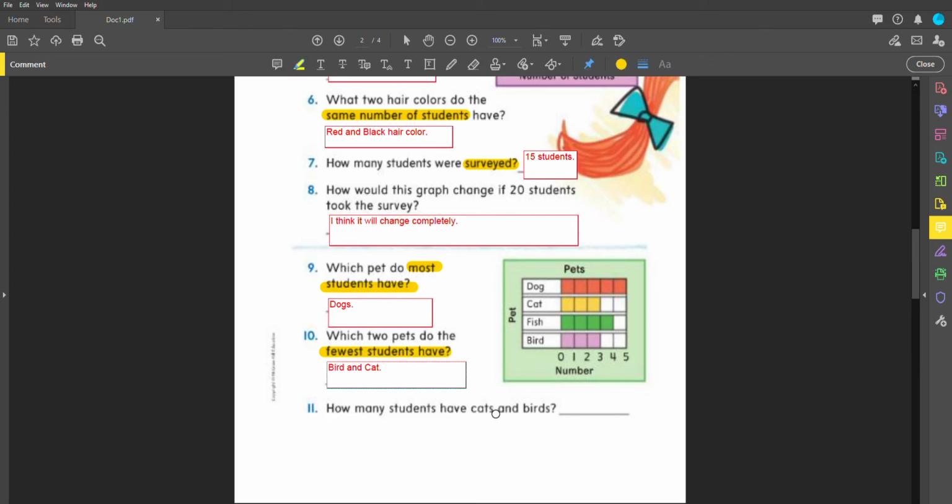How many students have cats and birds? Let's have a look here. We have 3 students who have cats, 3 students who have birds. So that means 6 students have cats and birds because 3 plus 3 equals 6.